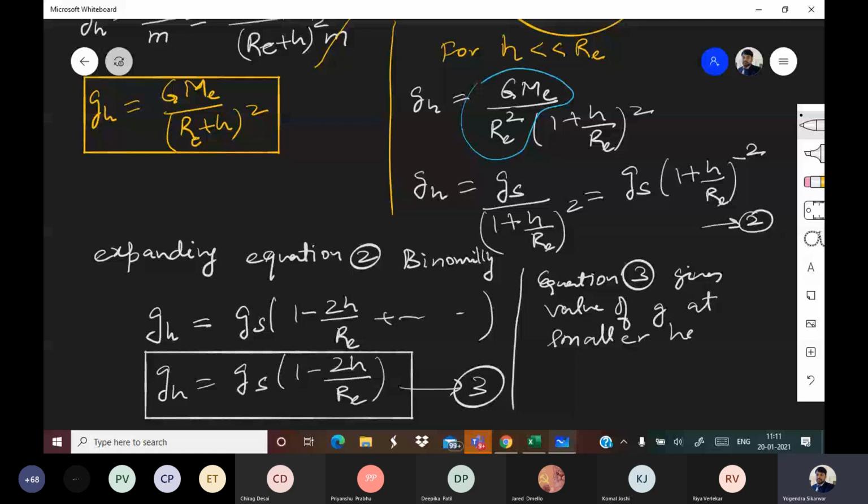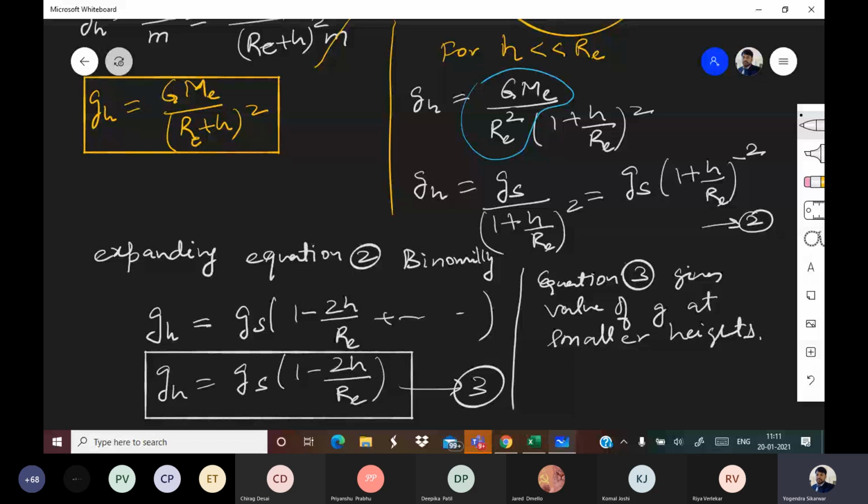Okay. Now you may ask, sir, what is the definition of smaller heights here? See, 1 kilometer, 2 kilometer, 3 kilometer, 5 kilometer, 10 kilometer. As compared to 6400 kilometers, these are very small distances. As compared to 6400, even 10 kilometer is very small. But in reality, 10 kilometer is a very large height, because the highest peak, Mount Everest, is 8848 meters, that means 8.8 kilometer.